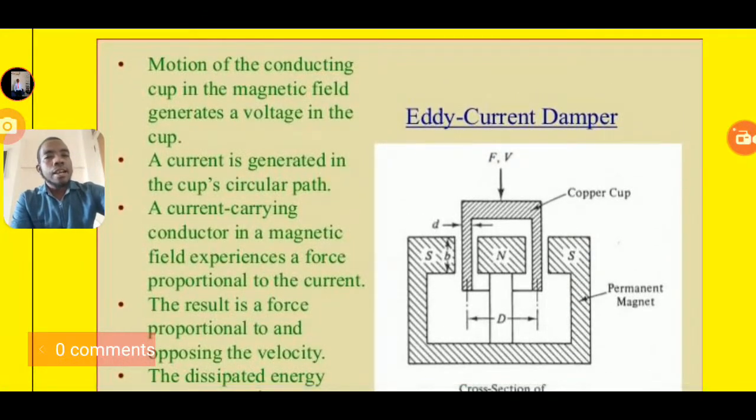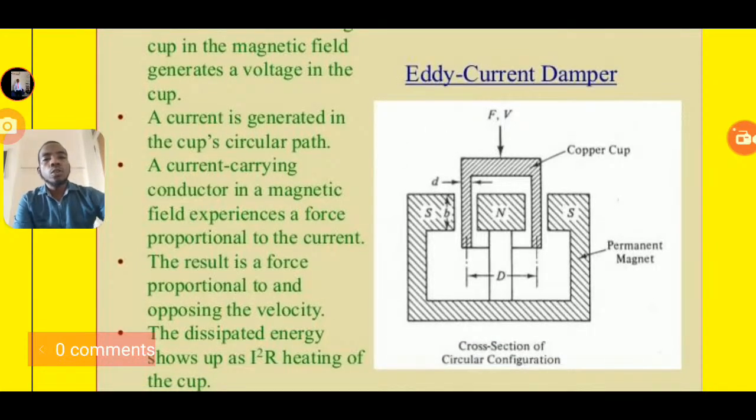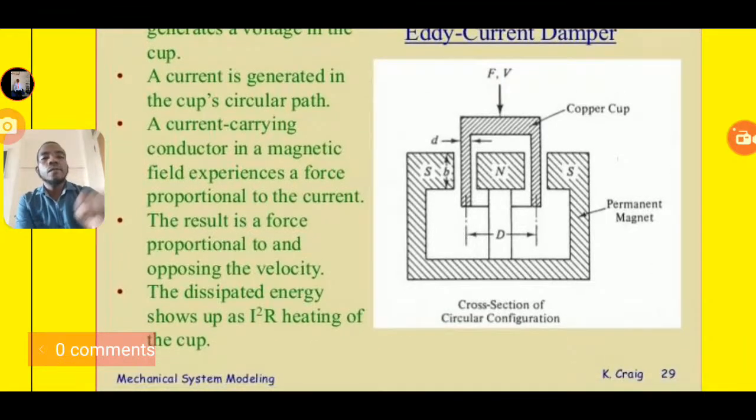Yeah, eddy current damper. In the eddy current damper, motion of the conducting cap in the magnetic field generates a voltage in the cap. So a current is generated in the cap's circular path, and a current carrying conductor in a magnetic field experiences a force proportional to the current. So the result is a force proportional to and opposite the velocity.